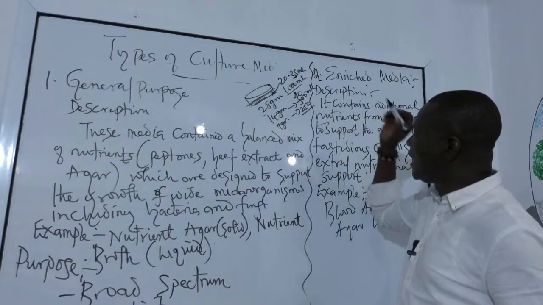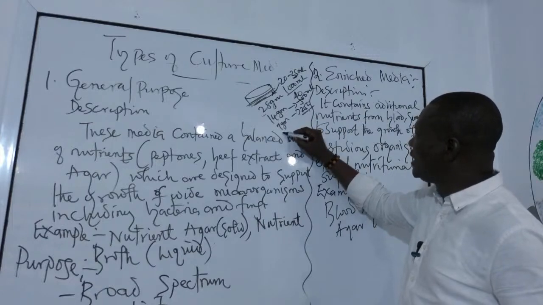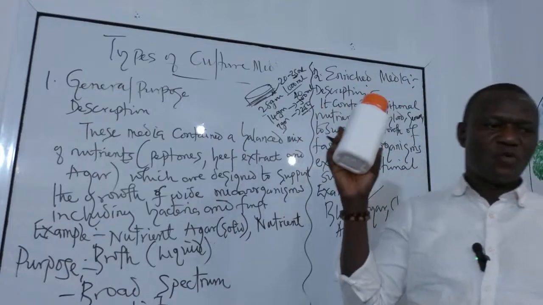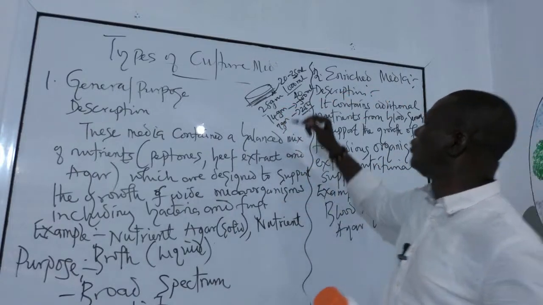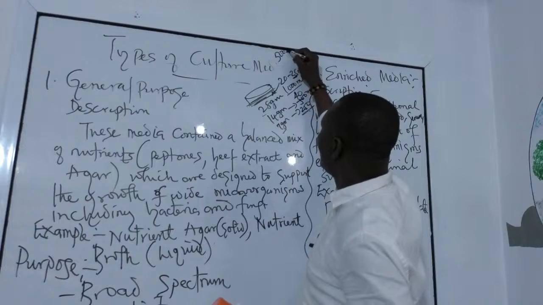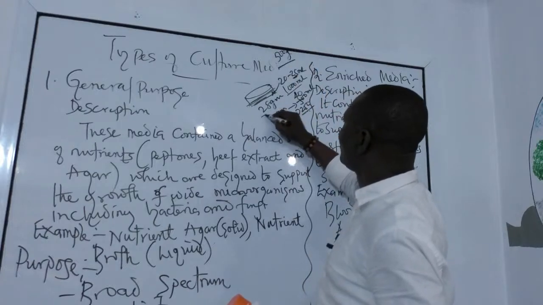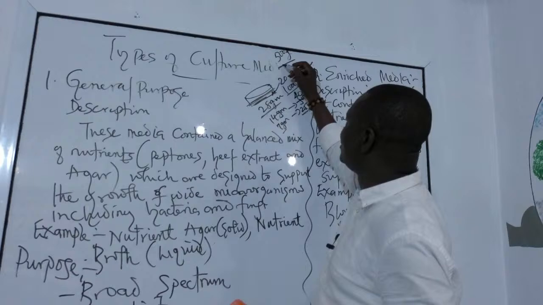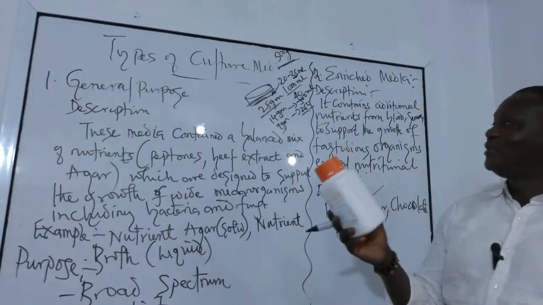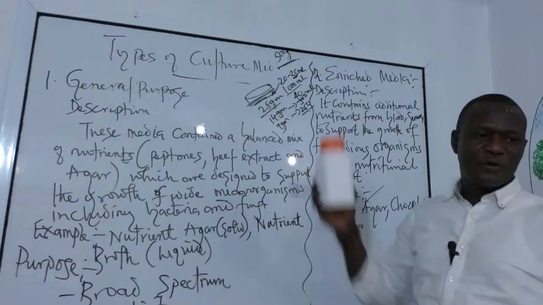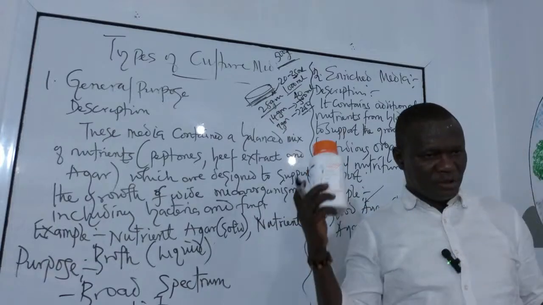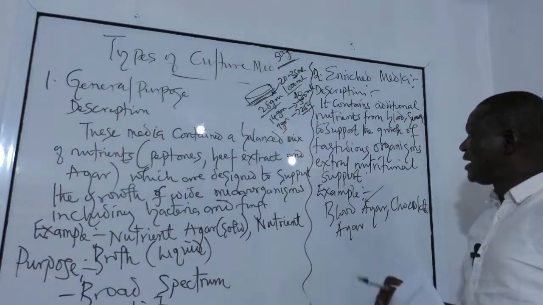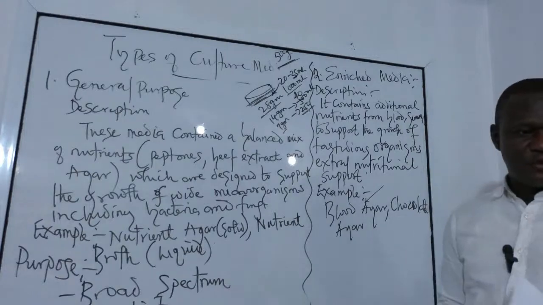So for 10 petri dishes, you will weigh 7 gram of this. And don't forget that the whole content of this is 500 gram. So you can now calculate how many 28 gram you can get from 500 gram. That will tell you how many times you take 28 gram from the whole of this. That is very important, and that is how to calculate your working solution.